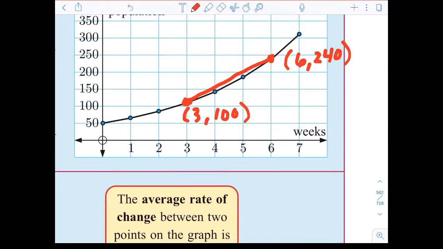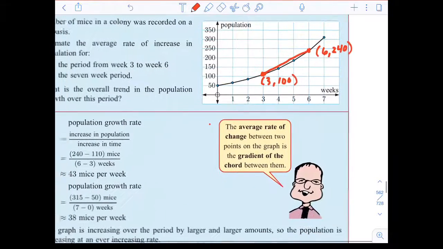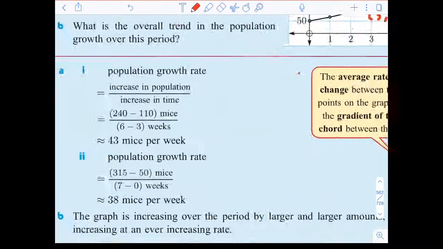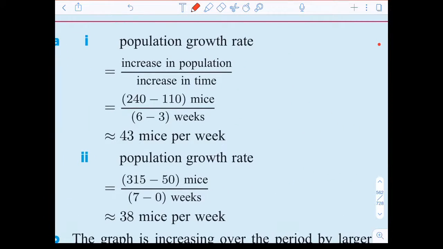And then all we do is we find our slope between those. We use that slope formula, y2 minus y1 over x2 minus x1, and you can see that that's what's been carried out down here. We have our y2 minus y1 all over x2 minus x1, right? Just using our slope formula that we learned back in grade 10.